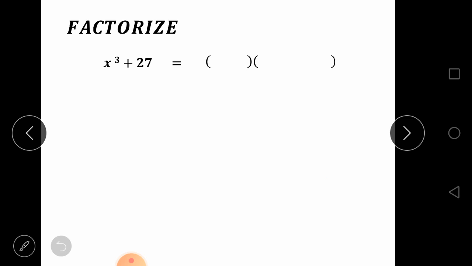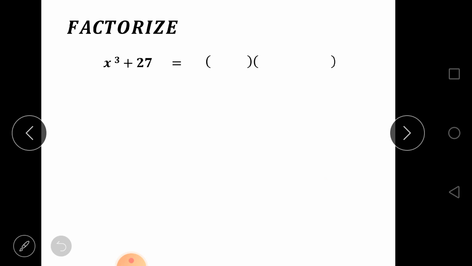Now let's see the next example, which is the addition of two cubes. So it is x cubed plus 27. You have to get familiar with these figures: 8, 27, 1, 125, etc. Again, you open two brackets.